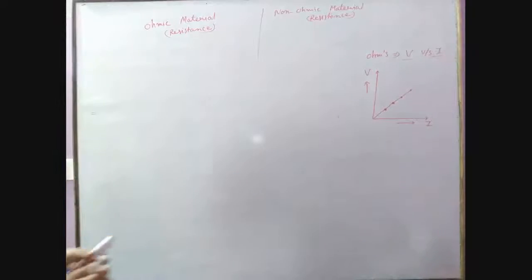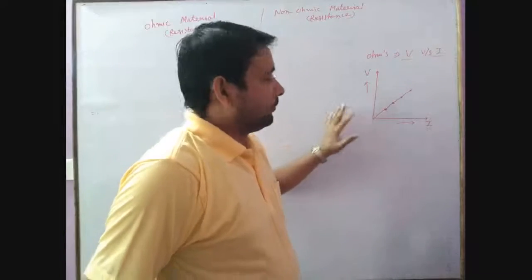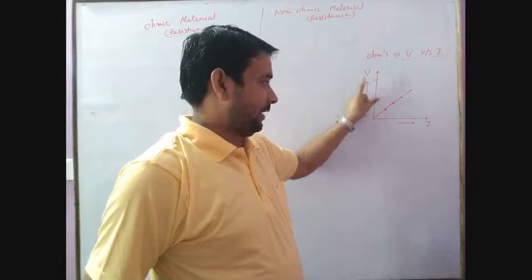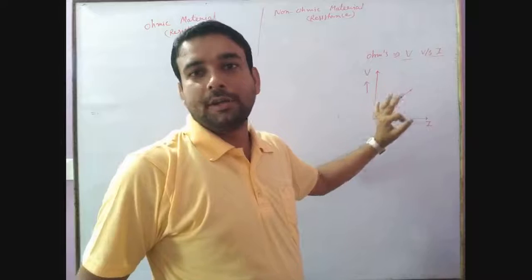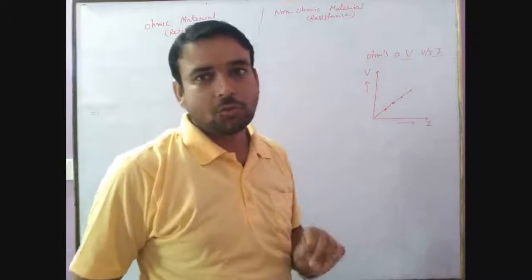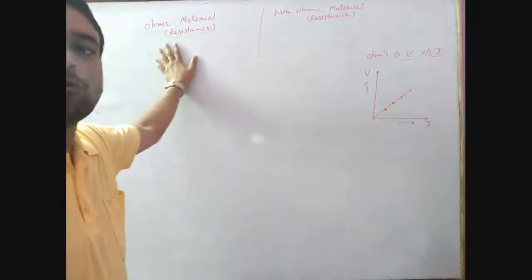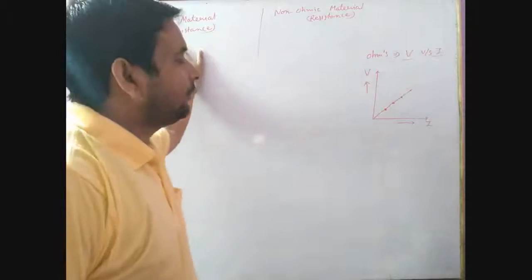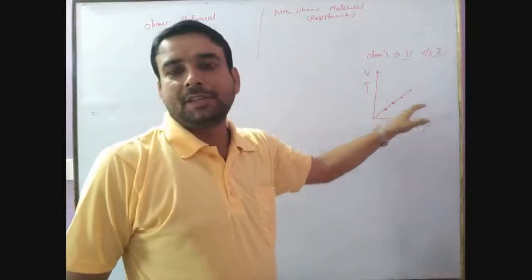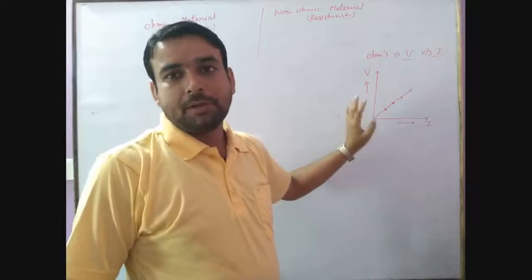Which means if the graph between potential difference versus current for a given resistance wire is a straight line, it will be termed ohmic resistance, which obeys Ohm's law, and if it is not a straight line, it is called non-ohmic resistors.